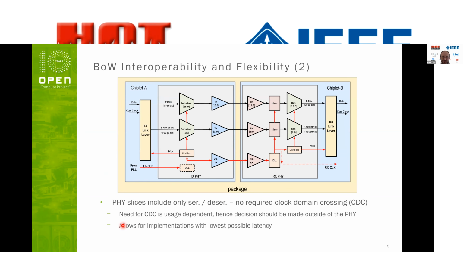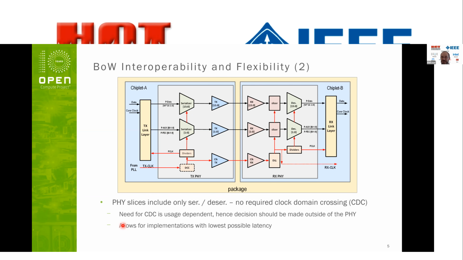Similarly, and again, this is really just a preview of some of the flexibility that's intended to be intentionally handled here. The slices themselves are specifically defined only with serialization to serialization, and no explicit clock domain crossings are required within the PHY. The reason for that is that the need for various types of clock domain crossings, particularly things like asynchronous or isochronous FIFOs, is somewhat usage dependent. There are applications where one really does not need those.